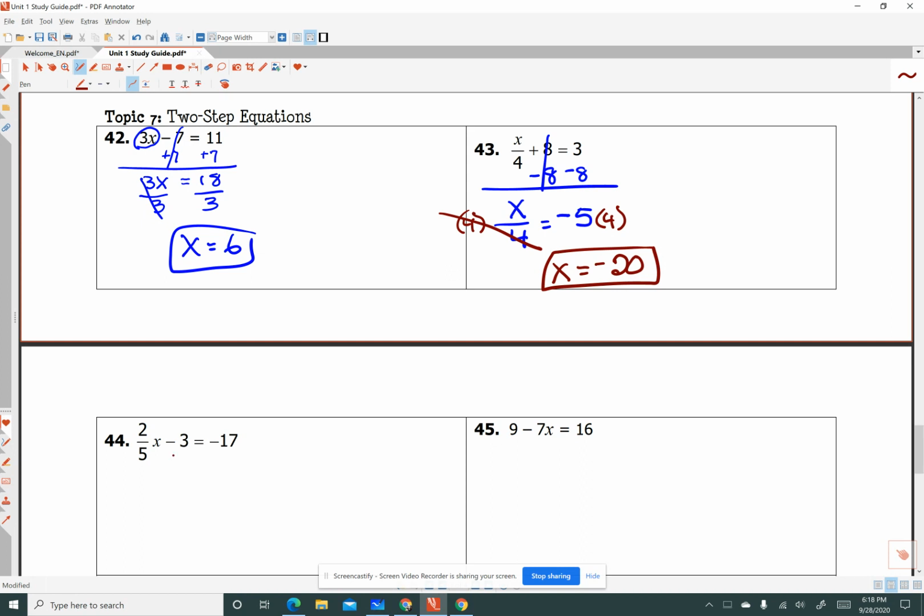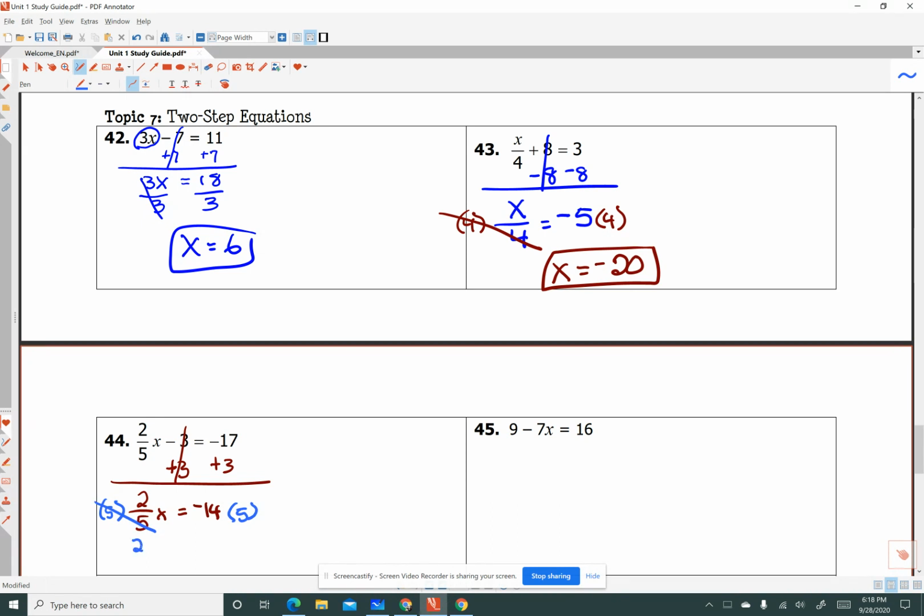Okay, so let's see. Here, we have 2/5 x is one term. Negative 3 is another term. So let's get rid of the 3 by adding 3 to both sides of the equation. This will cancel. That gives us 2/5 x equals negative 17 plus 3 is negative 14. Now, change the color, and we will multiply both sides of this equation by the denominator, which is 5.